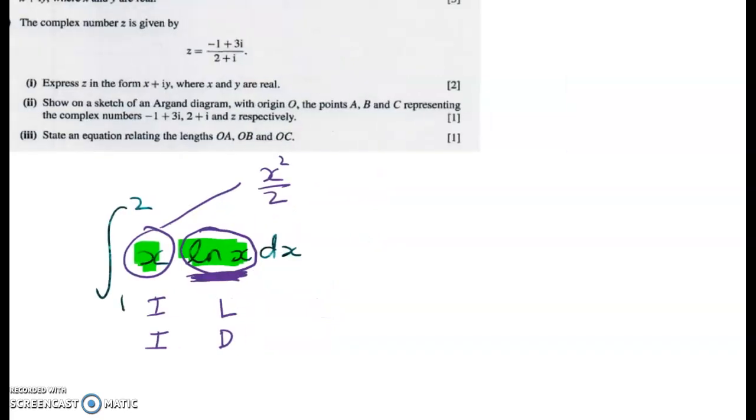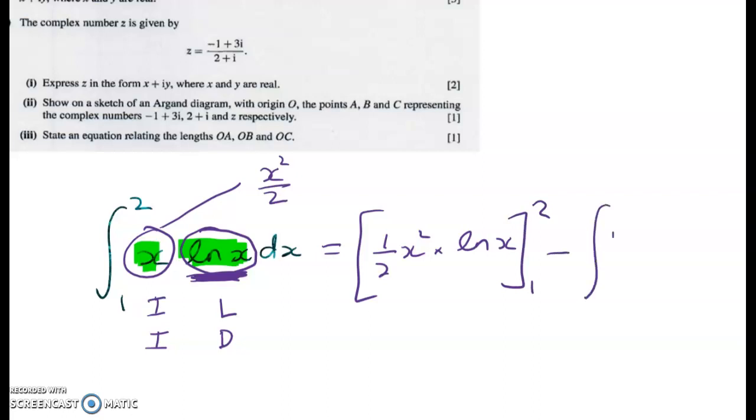Okay, so if we get on with it, we're going to integrate the x, so 1/2 x squared times the natural log of x, evaluated at the limits, minus the integral between 2 and 1 of 1/2 x squared times 1 over x dx.